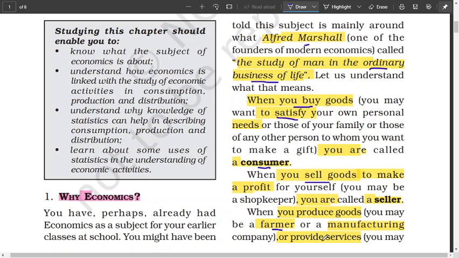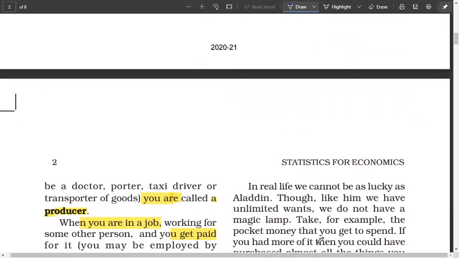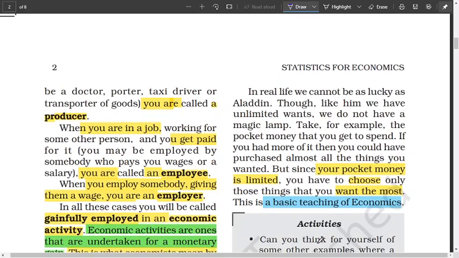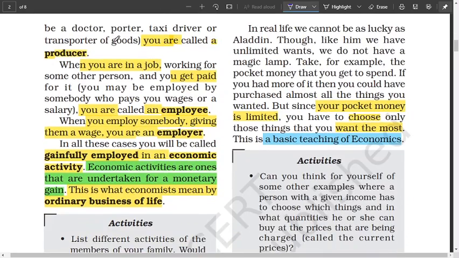And also in an economy we need services, such as the service of a doctor, a teacher, a porter, a taxi driver. All these are called producers. From producers to sellers to ultimate consumers.